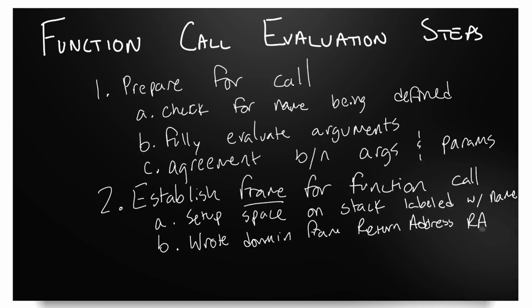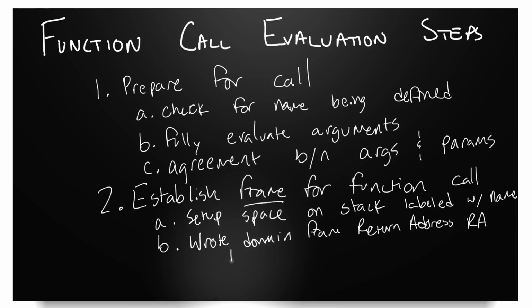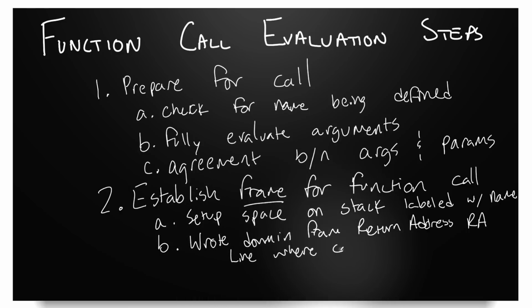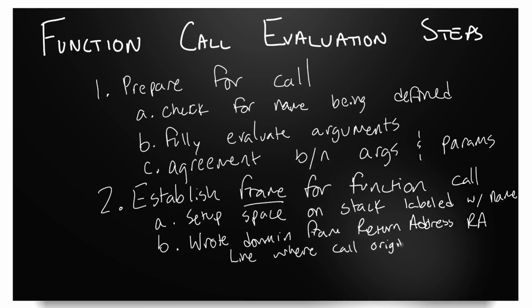We're going to add a box RA in the frame that we are setting up, which is the line where call originated. Right? So you can think of this kind of like a bookmark that we're going to go back to once our function call evaluates. And so our return address is the bookmark we're dropping, the place where we need to return back to once we finish evaluating this function call.